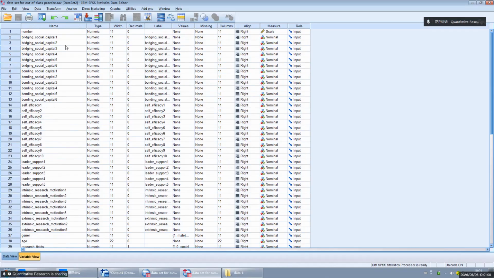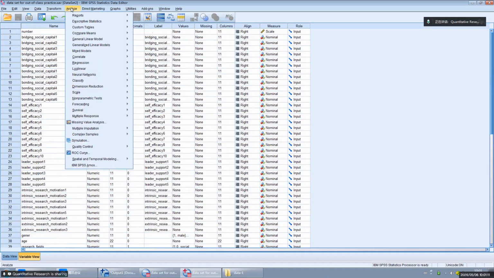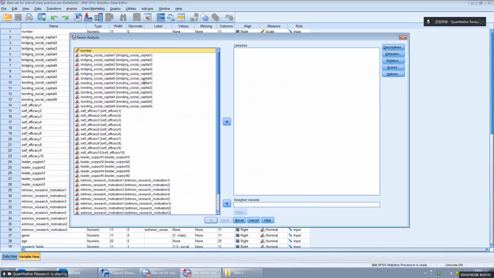First of all, I saw that our professor already copied the data from the name to the number. So, to do the EFA, we have to go to Analyze, then Dimension Reduction and Factor.